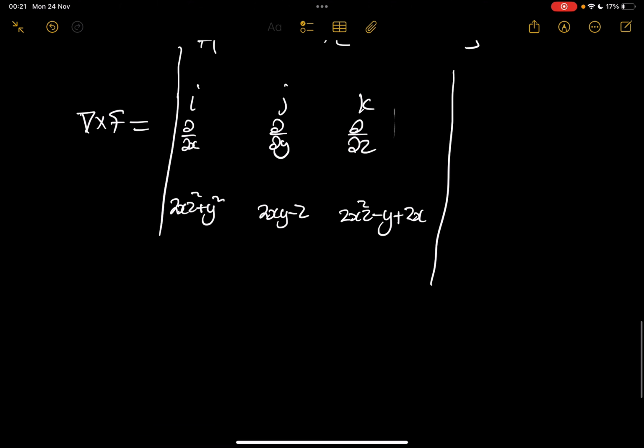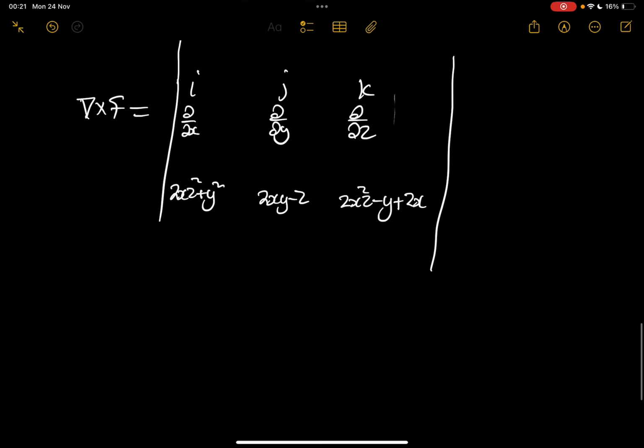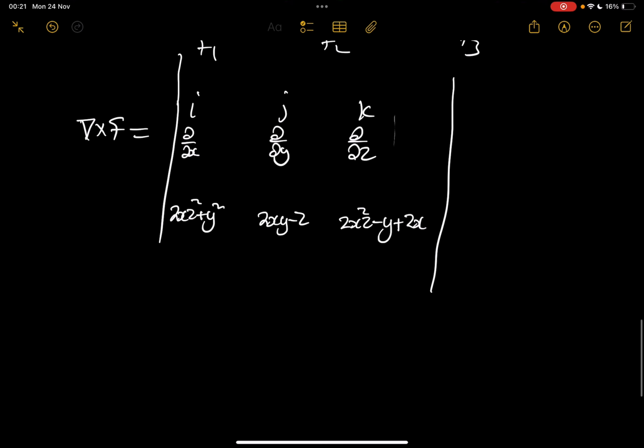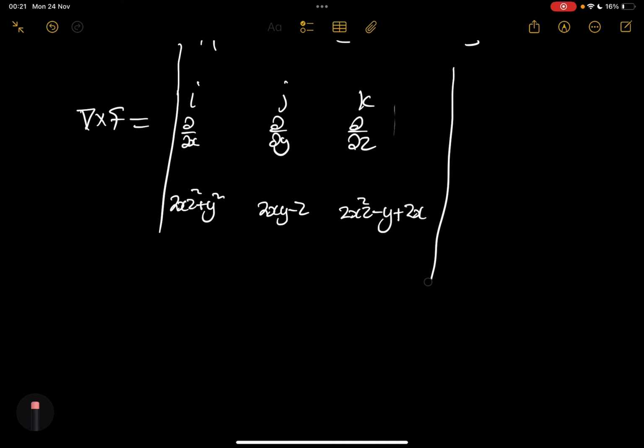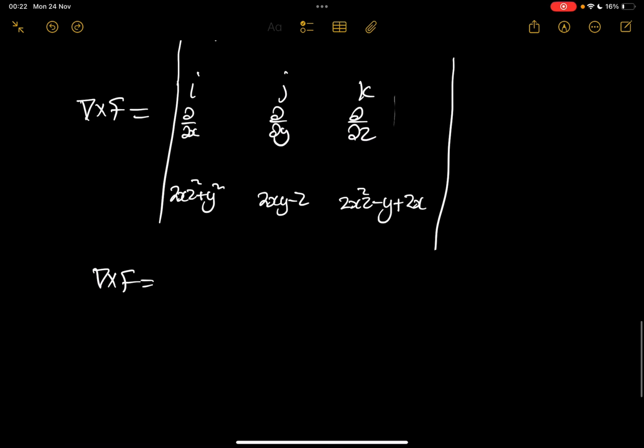From here, obviously you apply the same concept as when you're finding the determinant of a 3 by 3 matrix. If you close those two, we are going to have this times this minus this times this.